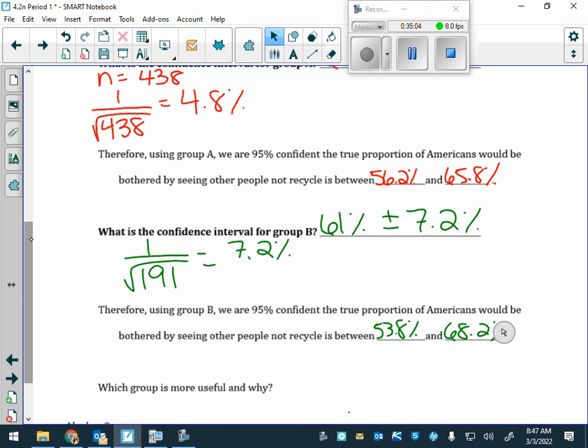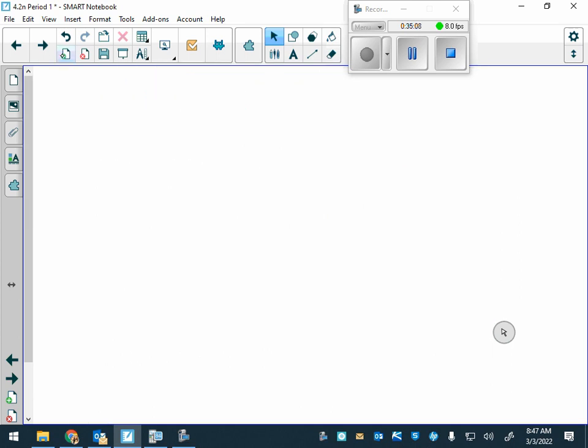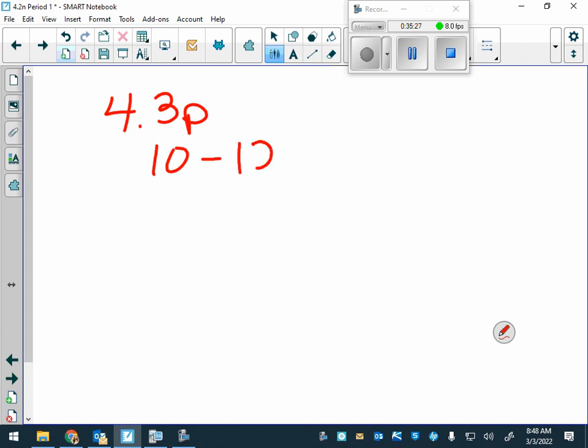All right? So your practice and your homework that you could get started on now is the 4.3 practice in your pink packets, starting on page 10. So it's pages 10 through 12.